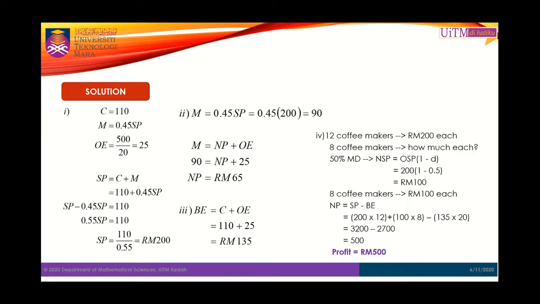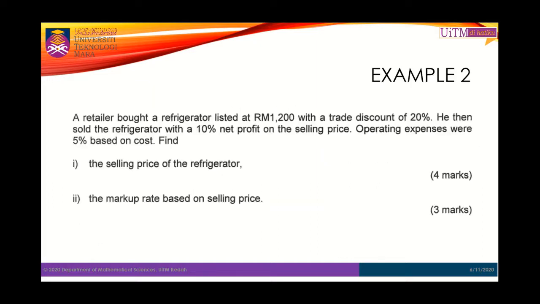Whenever you take the difference between the total selling price and the total break-even price and get a positive value, this tells you that you are gaining a profit of 500 ringgit. So that means the company gains a profit of 500 ringgit.